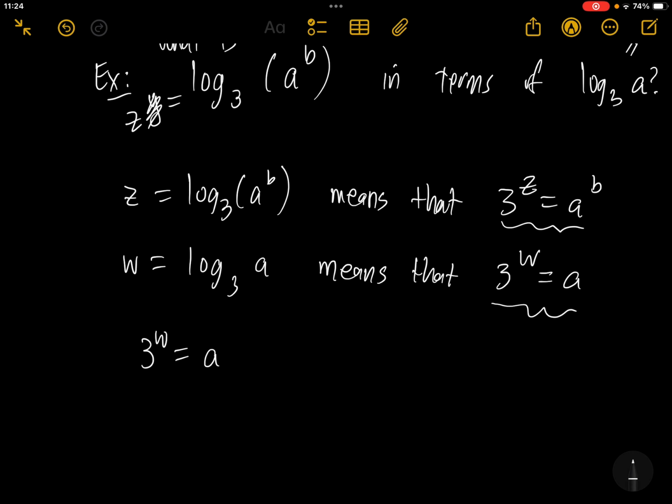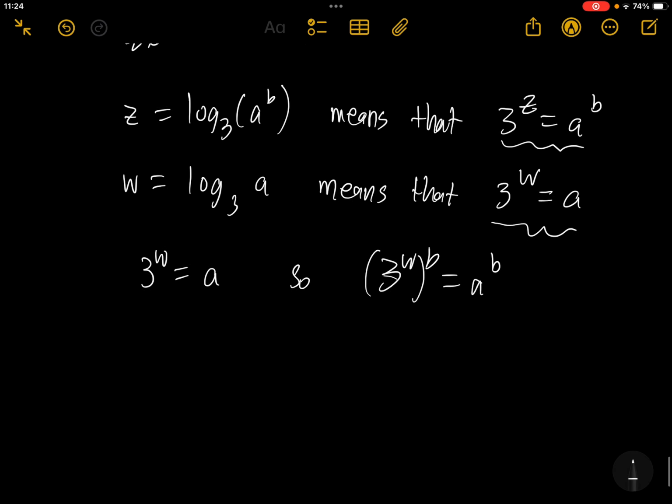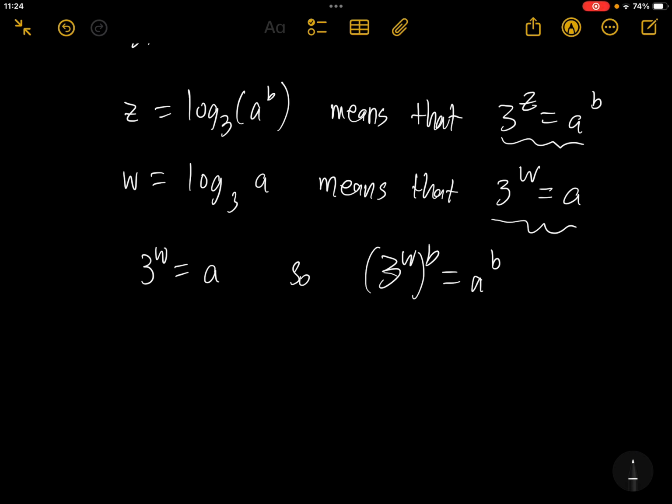So if I take this equation 3 to the w equals a, what can I do to both sides to get a to the b on the right? I can raise it to the b power. So 3 to the w raised to the b power equals a to the b. Well, 3 to the w raised to the b power simplifies as 3 to the wb.